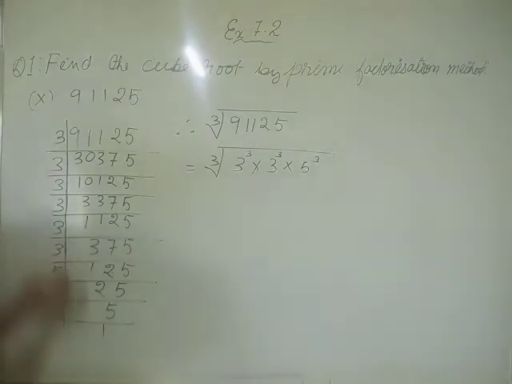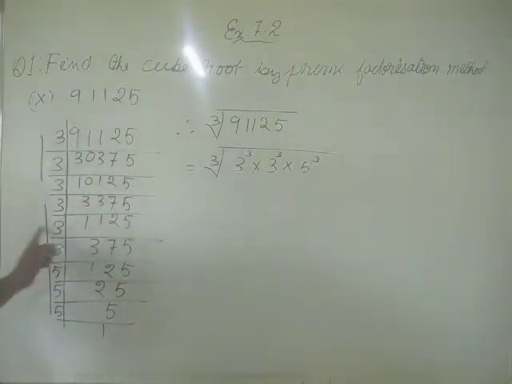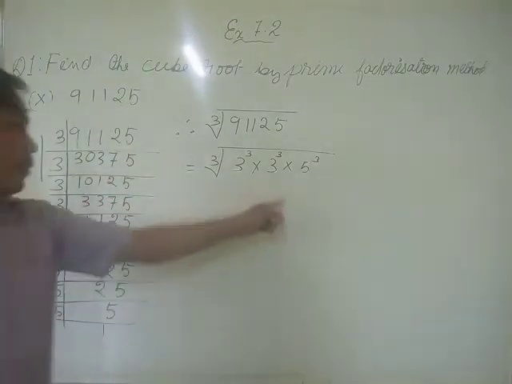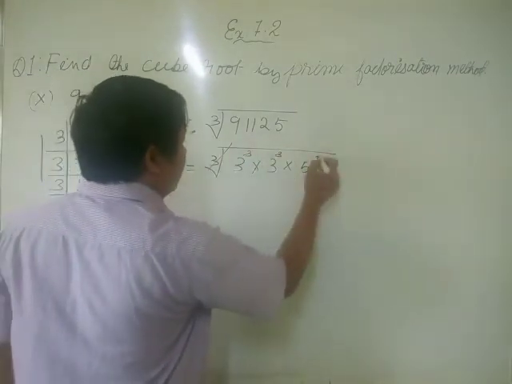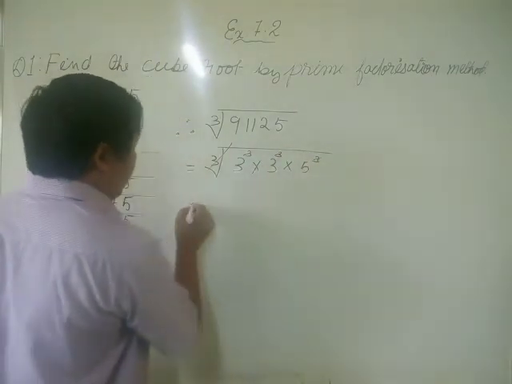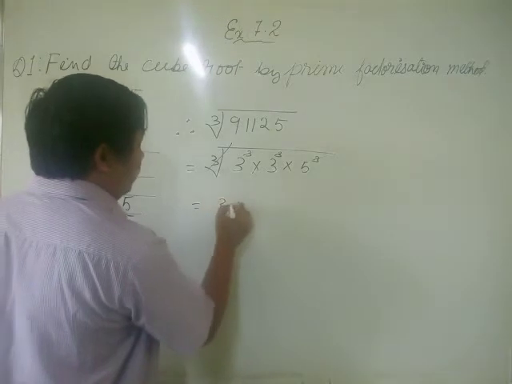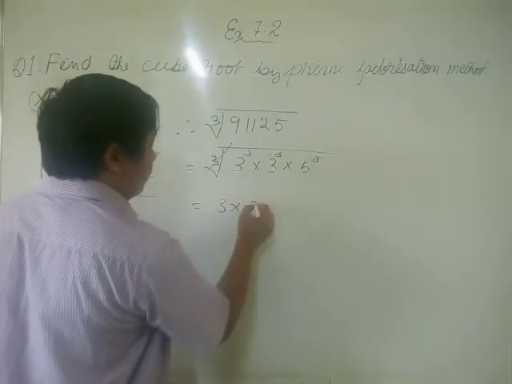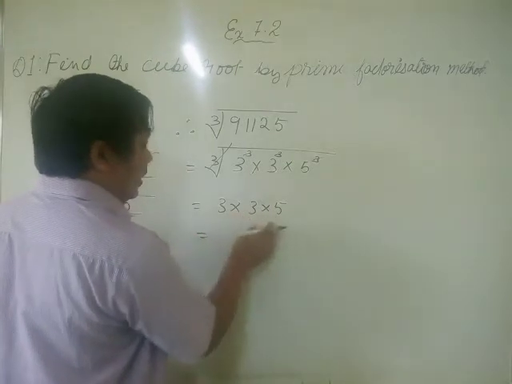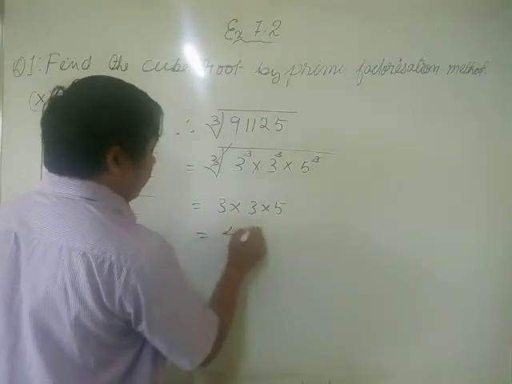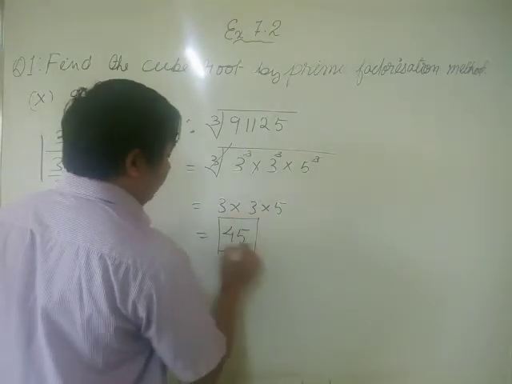This 3 we group, this 3 we group, and this 3. So 3 cube into 3 cube into 5 cube. Then the cubes and cube roots cancel, and we have 3 into 5. So 3 3s are 9, 9 5s are 45. So 45 is the answer of this question.